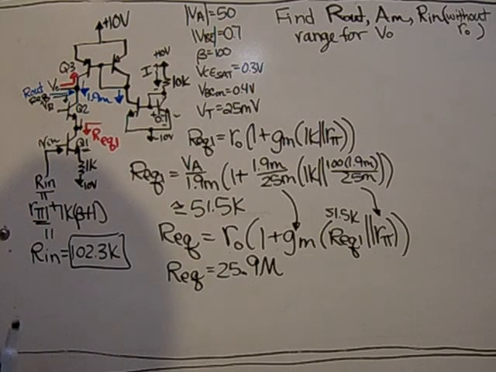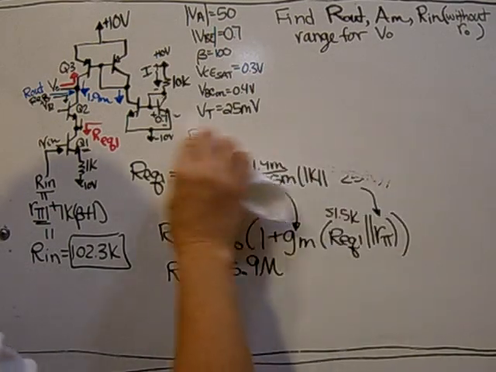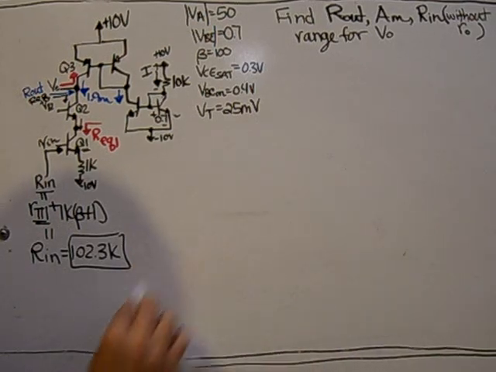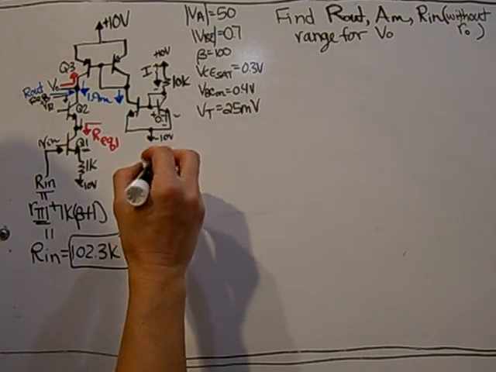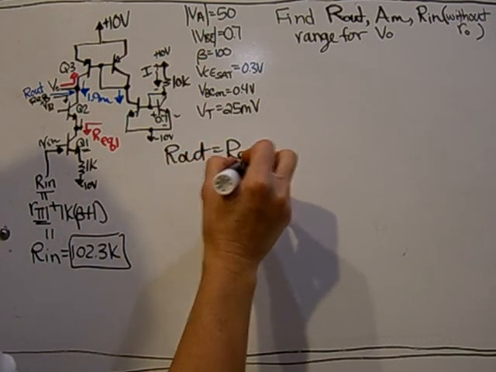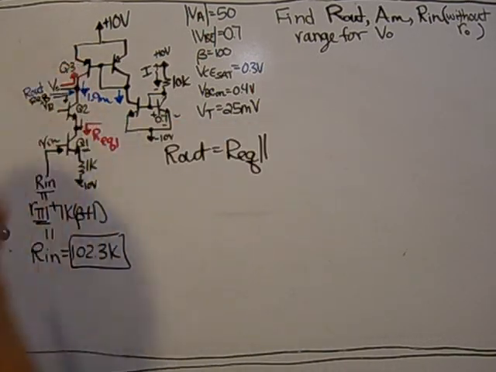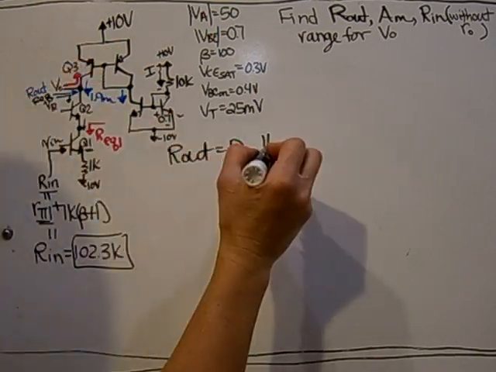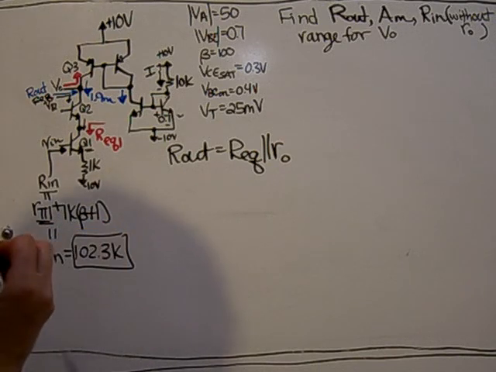And so the R out will be that R equivalent we just found in parallel with the resistance seen on the top. This is a simple current mirror, so all that's seen up here is RO.